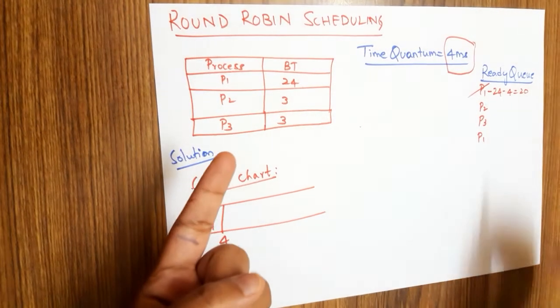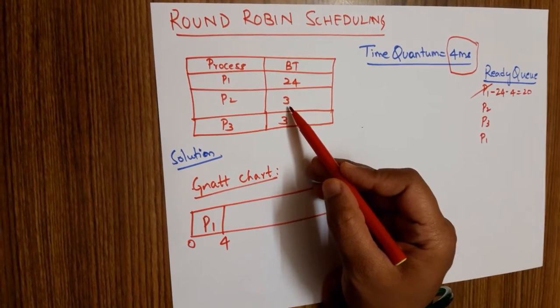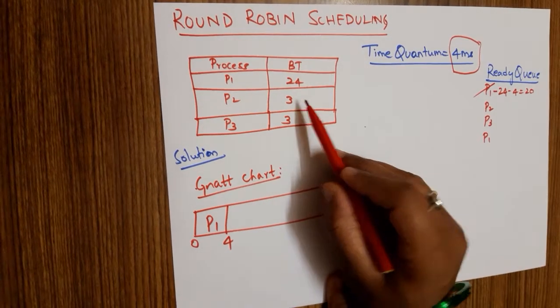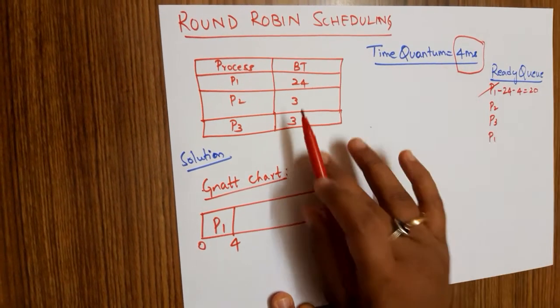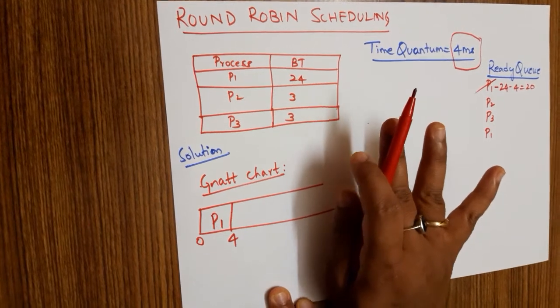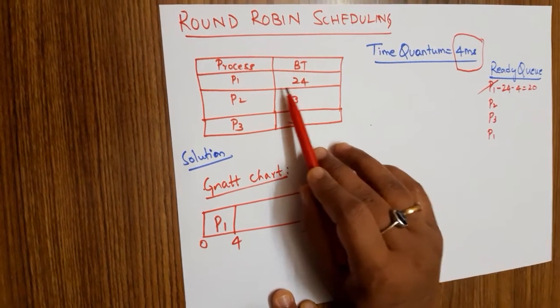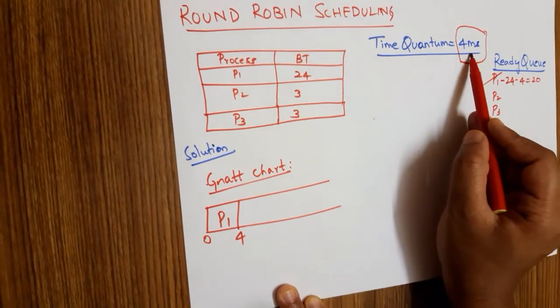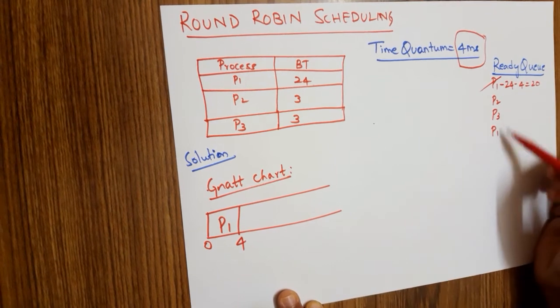Next, process P2's burst time is 3 milliseconds. If the burst time is less than the quantum time, it can complete and go away; you need not worry. Whenever the burst time is more than the quantum time, we add the process inside the ready queue.